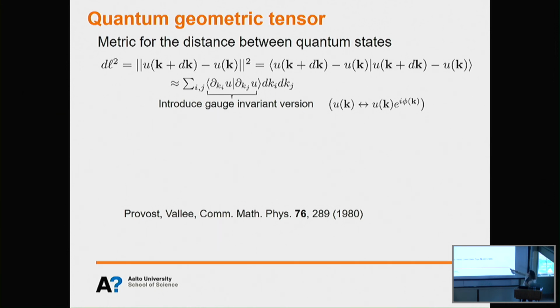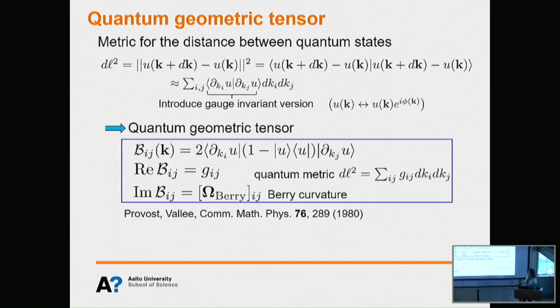And this is actually not gauge invariant, so they did some further steps to make it gauge invariant. And from that, they define this kind of tensor called the quantum geometric tensor. Its real part is the quantum metric, which is really just describing the infinitesimal distance in this submanifold of your Hilbert space.